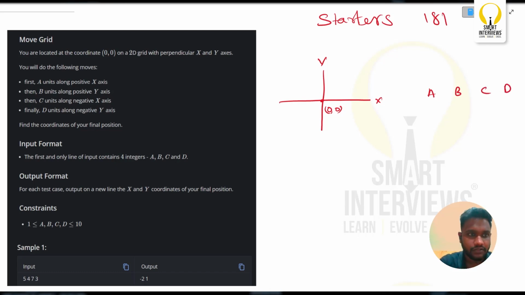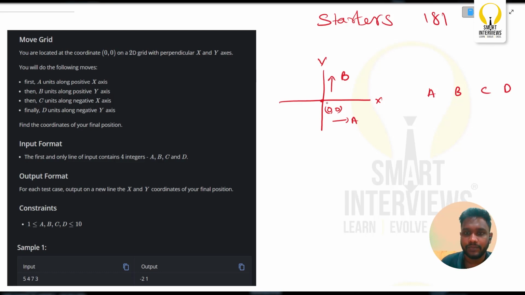It is said that we will move A units along the positive x-axis, B units in the positive y-axis. So the direction of A is going to be this side, and the direction of B is going to be this side. Similarly, C units along the negative x-axis and D units along the negative y-axis.